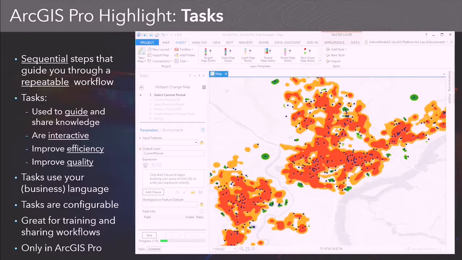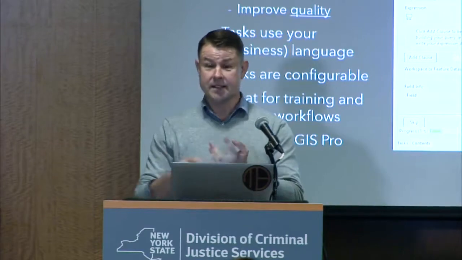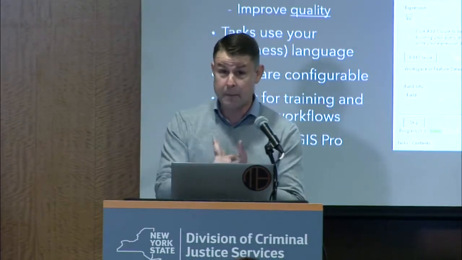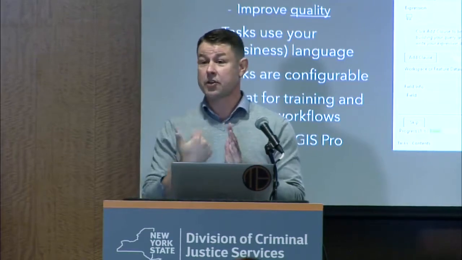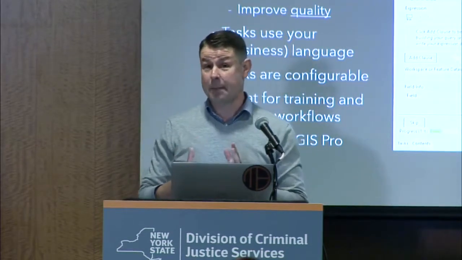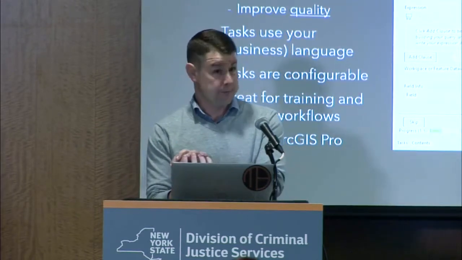So let's just talk about doing any kind of standard analysis. Well, any kind of standard analysis in the abstract, I have to bring my data in and I have to geocode it, whether that's addresses or X's and Y's. Then I've got to make selections on that data. Then I need to perform an analysis. Then I need to perform some kind of styling on that, whether that's symbology and labeling. And then I'm going to create some kind of output product. So a process of 6 steps in order to create some kind of output, right?